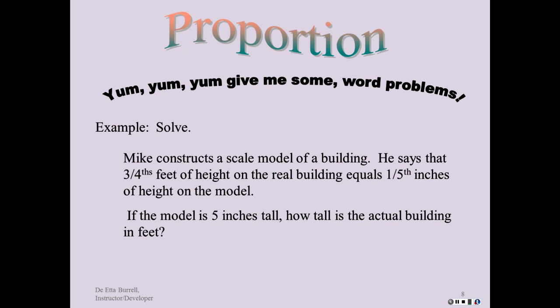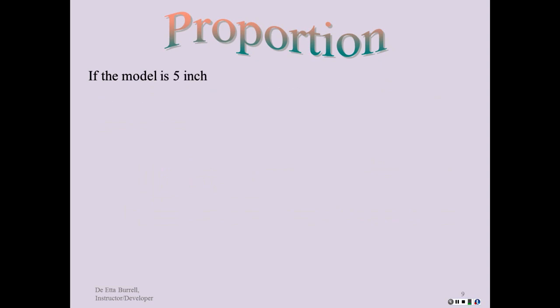We have to figure it out. It's a typical proportion. So, in this problem, what is the given ratio? What ratio did they give us? 3/4 height of actual to 1/5 height of the model in inches. And the 5 inches is on what? The 5 inches is on the model, right?